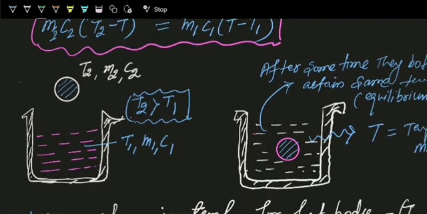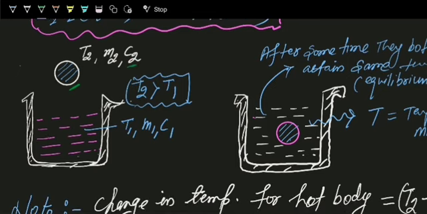Suppose we have one metal ball. Let's consider its temperature is T2, mass is M2, and specific heat capacity is C2. And in one container we have kept one liquid whose temperature is T1, whose mass is M1, and whose specific heat capacity is C1.